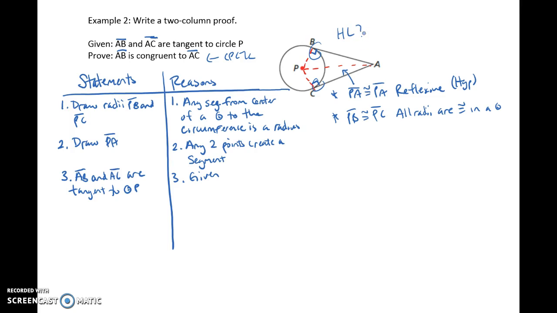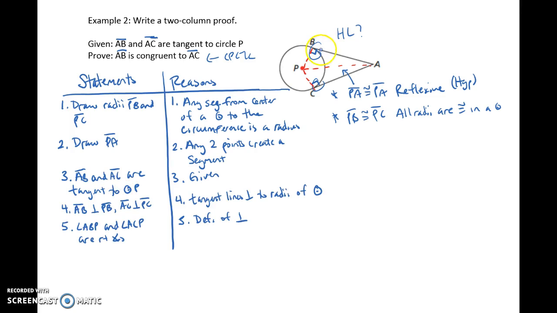So I'm going to go ahead and state that since I have tangents, I know I have right angles. Because I have those tangent lines, I know they're perpendicular to the radii, which I specified above. So 1 links me to 4 because I have radii. And there's no name for that theorem, so just abbreviate it: tangent lines perpendicular to radii of a circle, just get the gist of it.